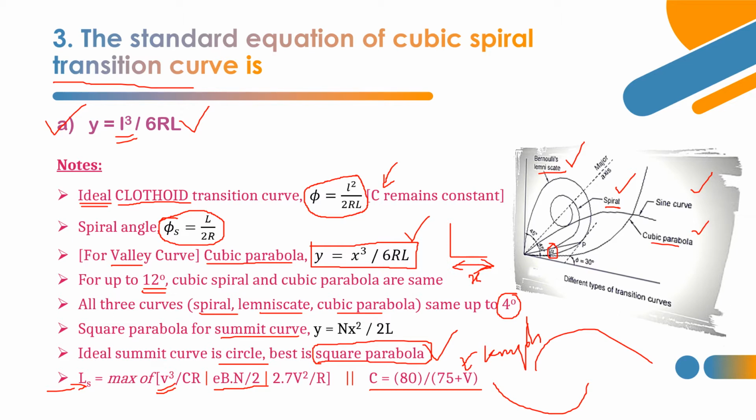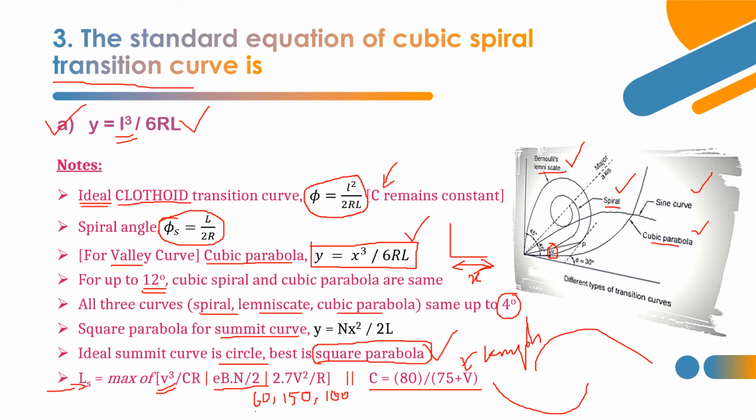So that depends on, if it is in mountainous road, then N will be 60. If the highway is constructed in plain areas, then N will be 150. So for mountain it is 60, for plain it is 150, and for built up areas it will be 100.